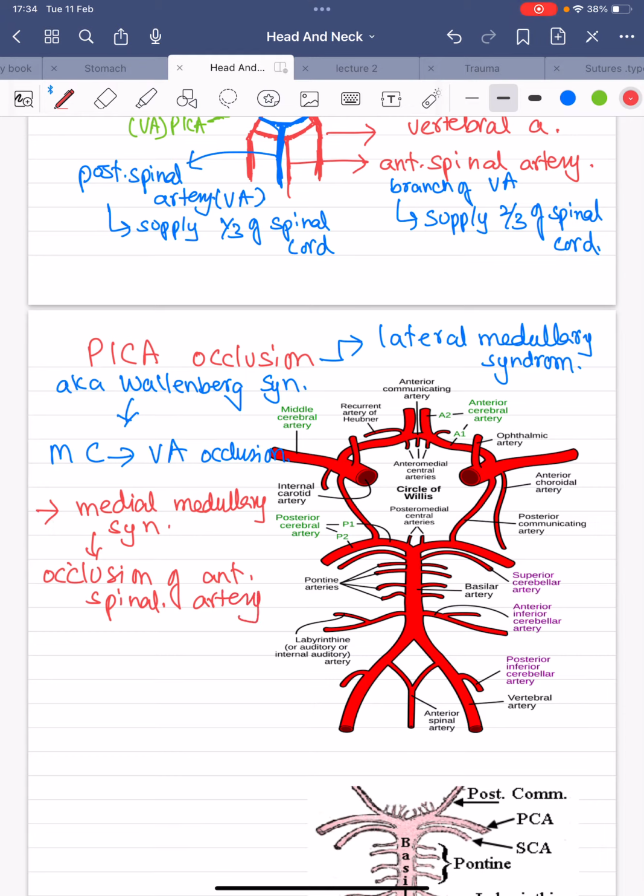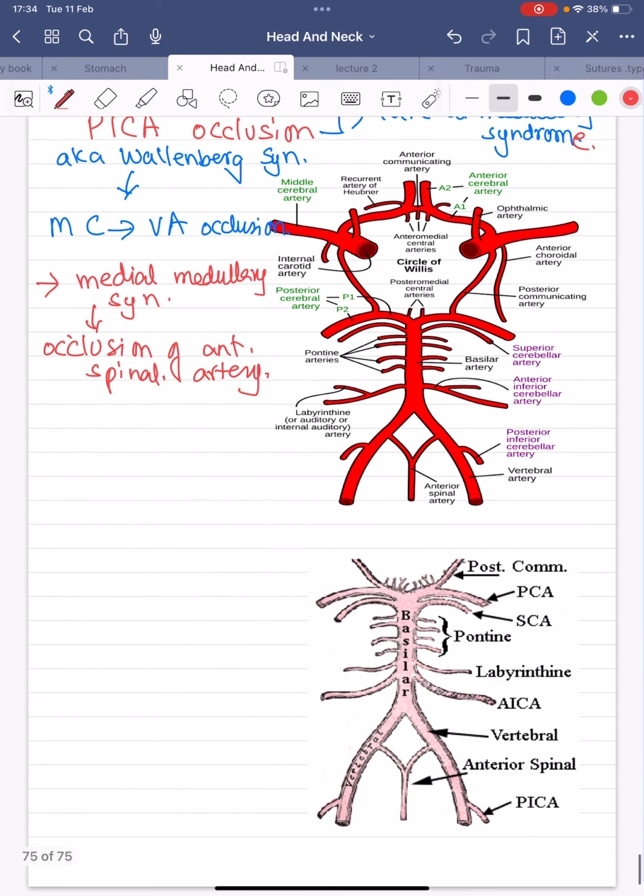So see here, anterior spinal artery occlusion will lead to medial medullary syndrome. Vertebral artery occlusion most commonly leads to lateral medullary syndrome, or posterior inferior cerebellar artery occlusion can lead to your what? Lateral medullary syndrome, also known as Wallenberg syndrome. Okay, so this is our discussion.